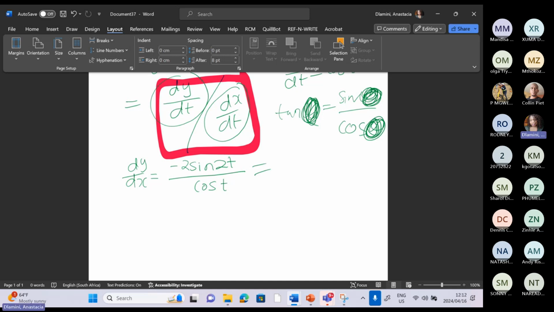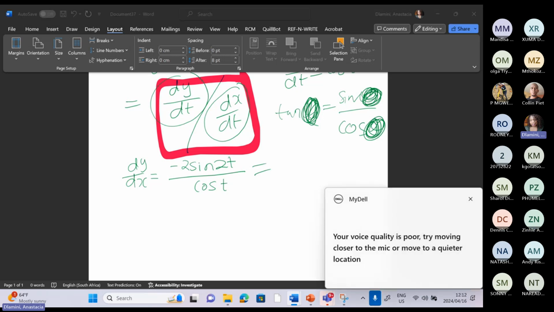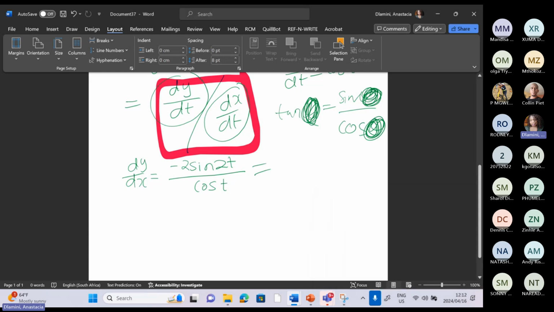And that is on page 532, and it is number 10. Number 10 says sine, it's a double angle. Thank you very much. So sine of 2x is equal to 2 sine of x times cos of x.